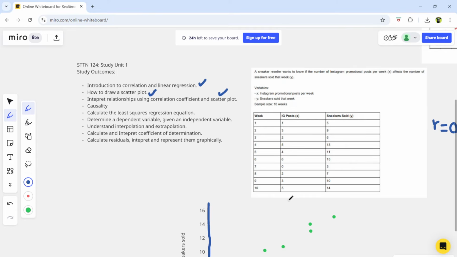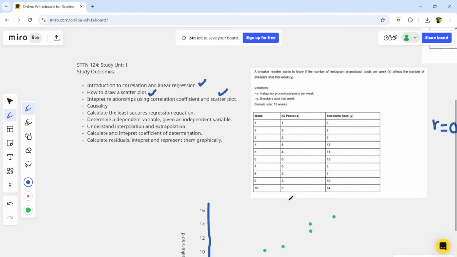But then let's say on week 3 or week 4 or week 5, the sneakers are posted by a well-known social media influencer. Then a lot of people, even if it's just one post, can still come and buy that sneaker only because it was posted by someone very well known.